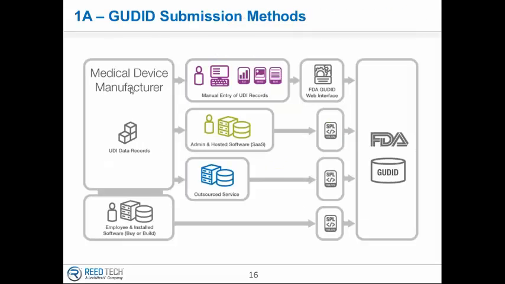So for the medical device manufacturers, as mentioned, you could perform the manual entry of those records in the FDA's interface, and you'll be loaded in the FDA GUDID. From an HL7 perspective, you could purchase or subscribe to software applications which could take in your data, perform various validation against the data to ensure it'll pass the FDA's checks before it's submitted, and then ultimately submit to the FDA, again into the GUDID.